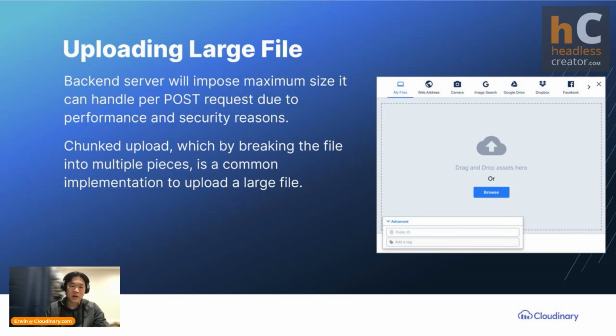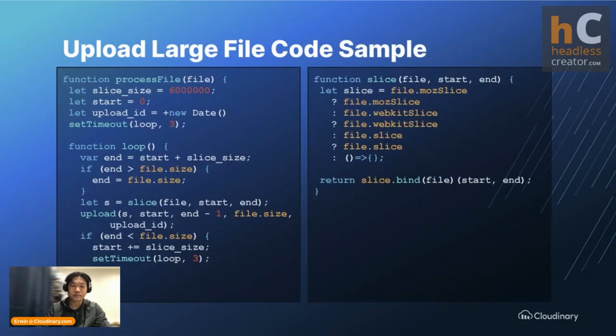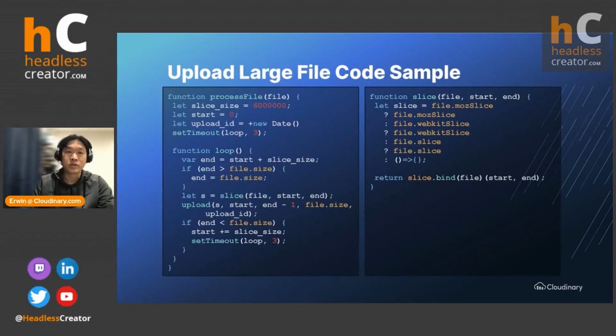As an example, Cloudinary has an SDK and upload widget, as shown here, to support all different kinds of upload scenarios. So here's the code snippet on how to achieve chunk upload with JavaScript. The main key here, without going into too much detail, is that you may want to provide a unique upload ID, as shown here, to signify that all these chunks belong to a single file.